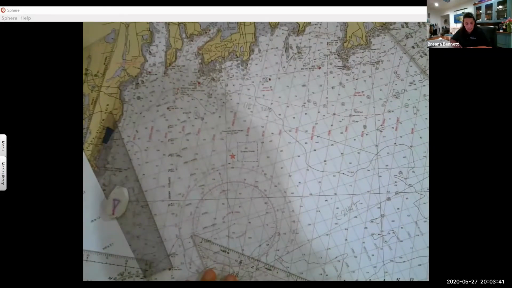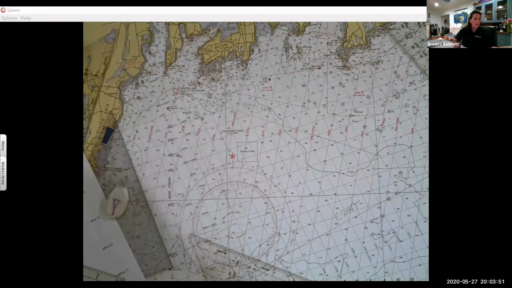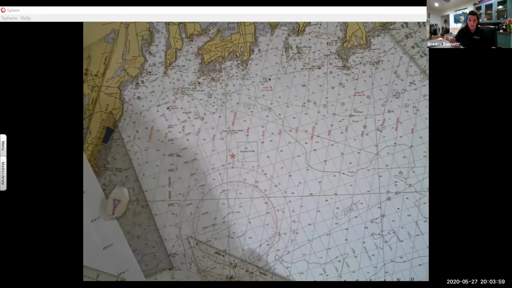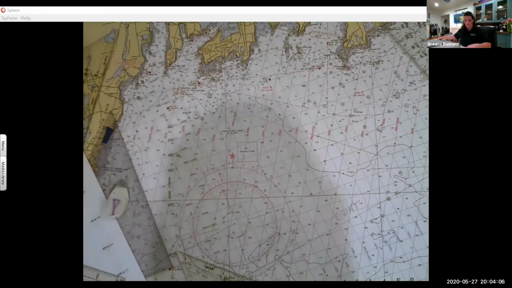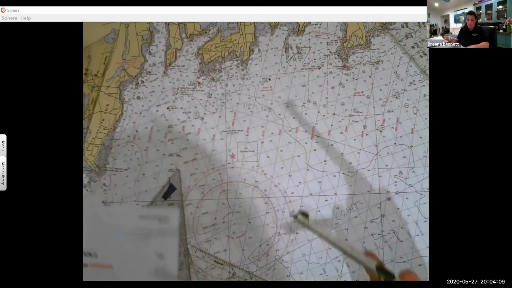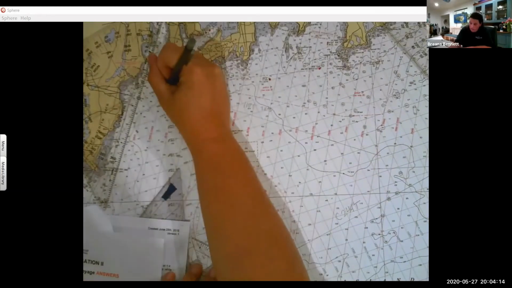So I got a position at 10:45. 9:45, 10:45. So in that time, how far would I have traveled? 8 nautical miles in 1 hour, right? We left here at 9:45.